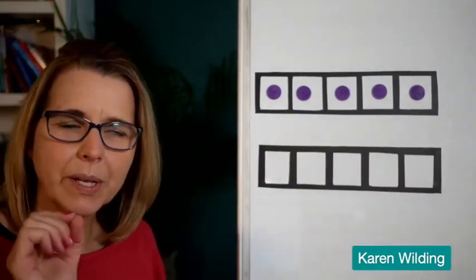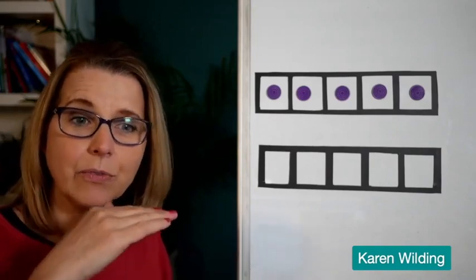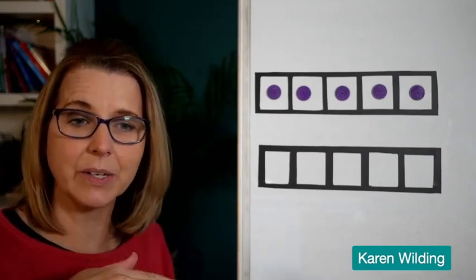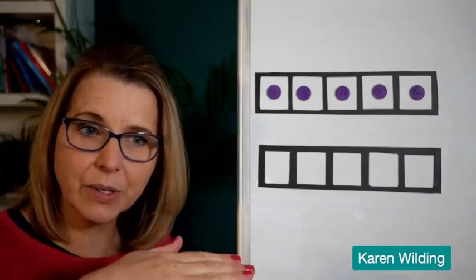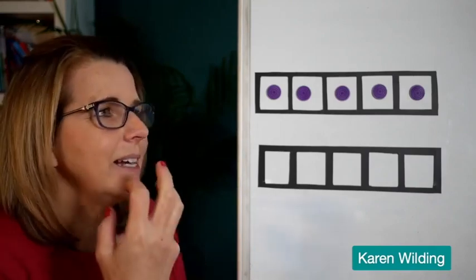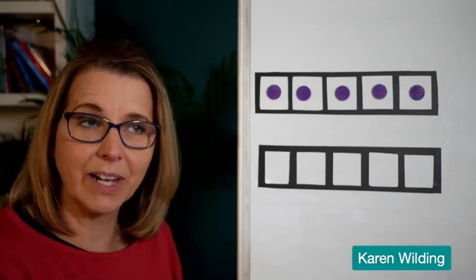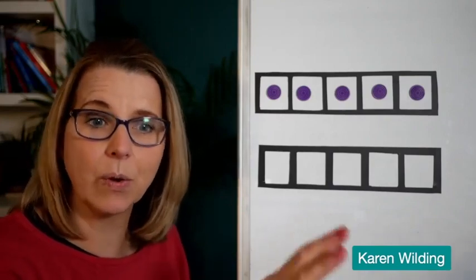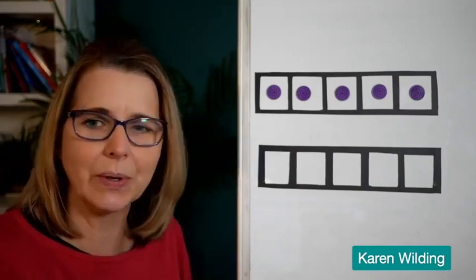Really important as well, because the 2 5s equals 10 is going to be the foundation of lots of efficient calculation when children are much older. So I'm talking about children in Key Stage 2, which is 7 to 11 in the UK, and even older than that, because it's the foundation of your ability to add, subtract, multiply, divide, use decimals, fractions, and all sorts. Mind-blowingly good when you have this in your toolbox.